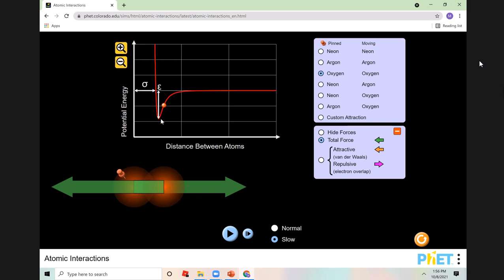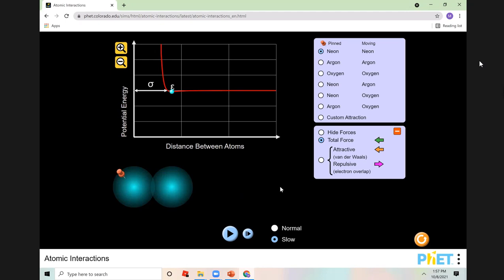However, if you compare with another pair of atoms, for example neon and neon, they are an inert gas. Here you can also see the potential well.